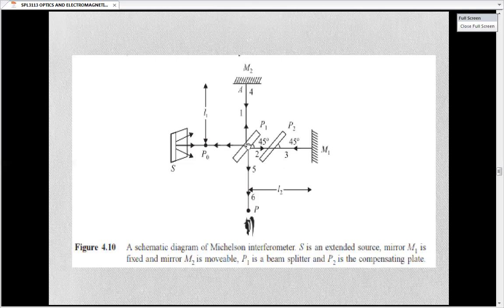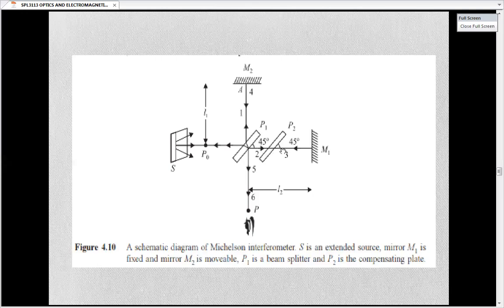So when you look at the two rays that are falling on the eye, one ray passes through glass P1 3 times, and the other one passes through the glass P1 only one time, the one that is transmitted twice. So to make the optical path difference the same, the glass P2 is inserted so that the two rays will pass through the glass 3 times.